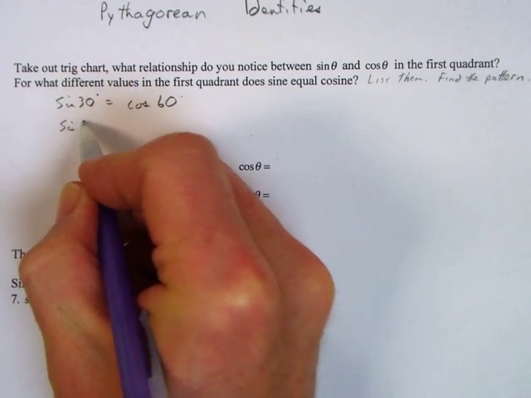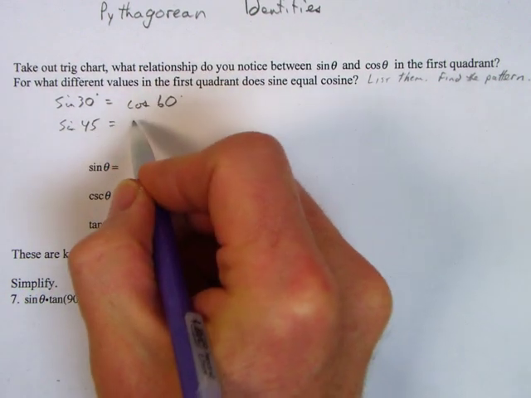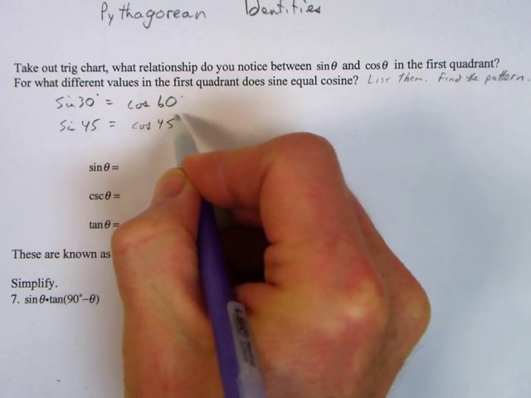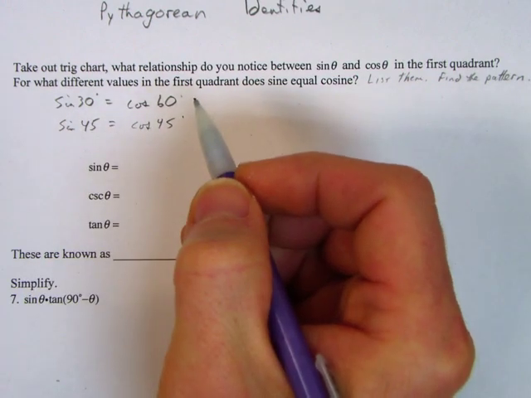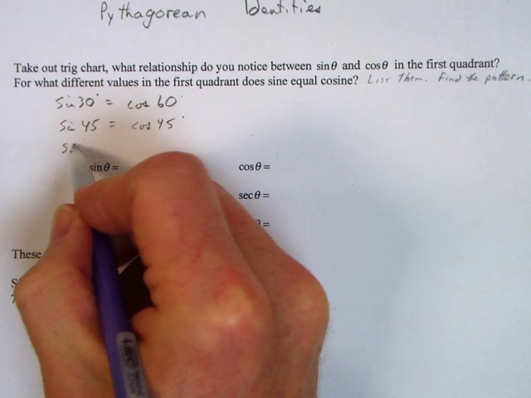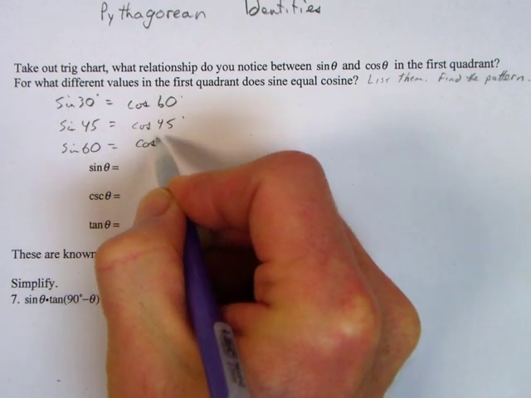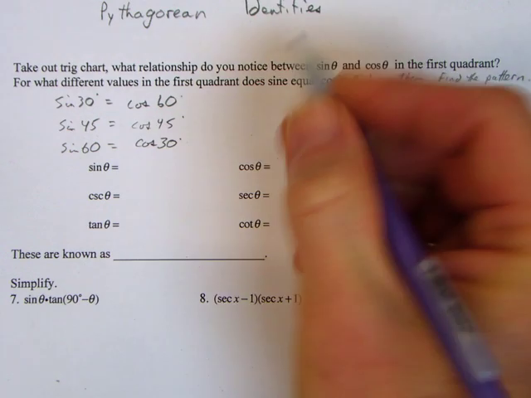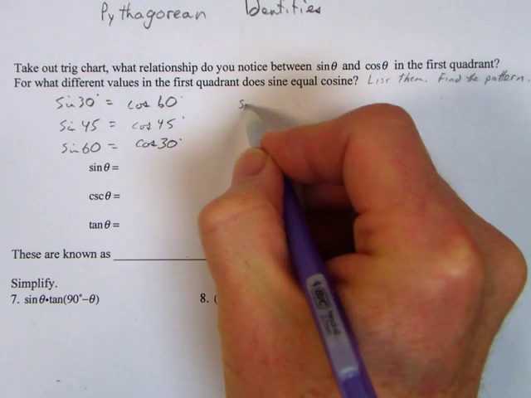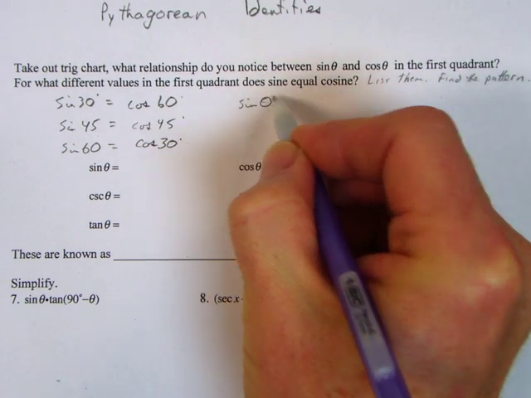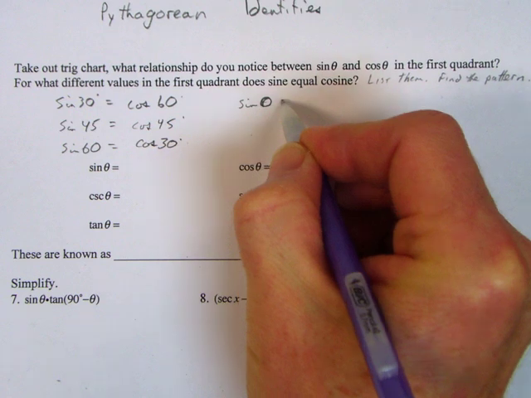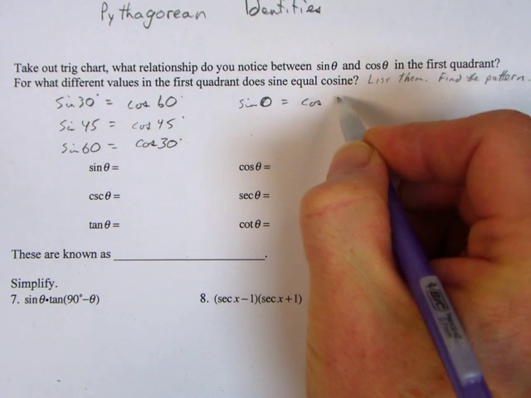The sine of 45 equals the cosine of 45. The sine of 60 equals the cosine of 30. And here, what if I said the sine of 0? That would equal the cosine of 90.